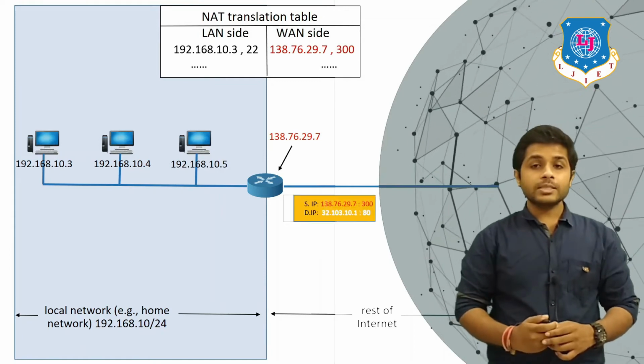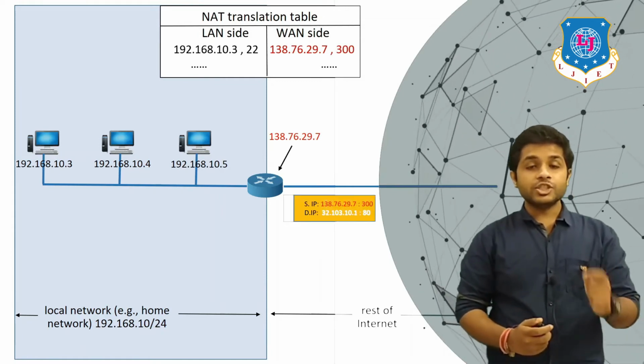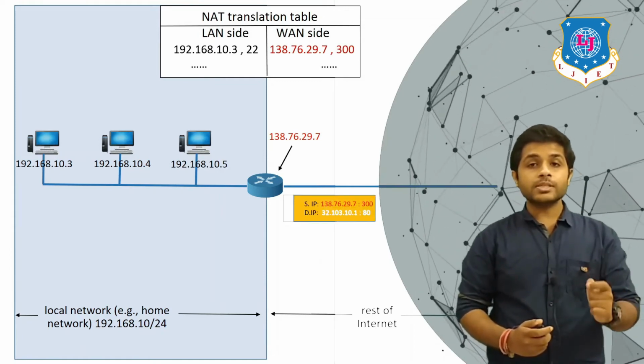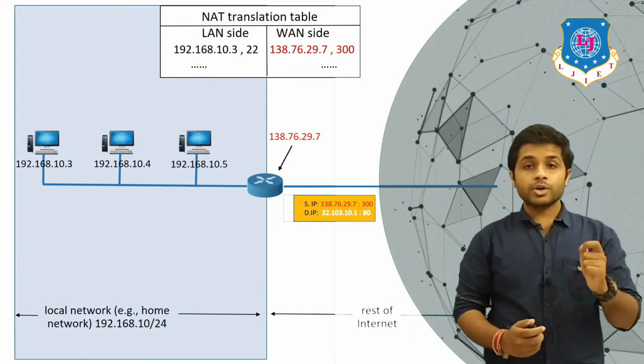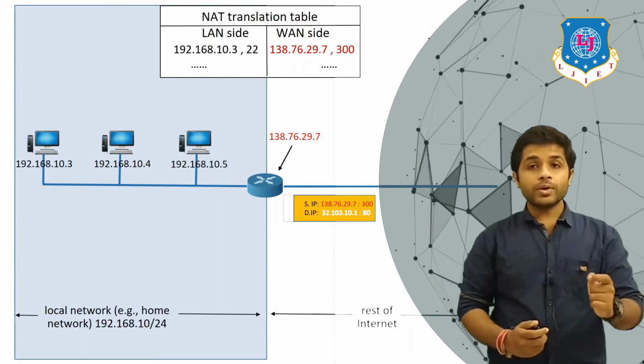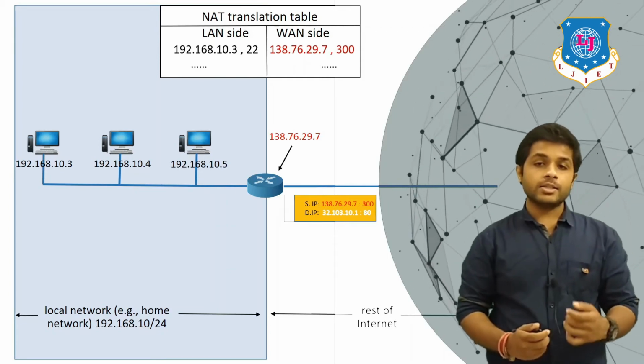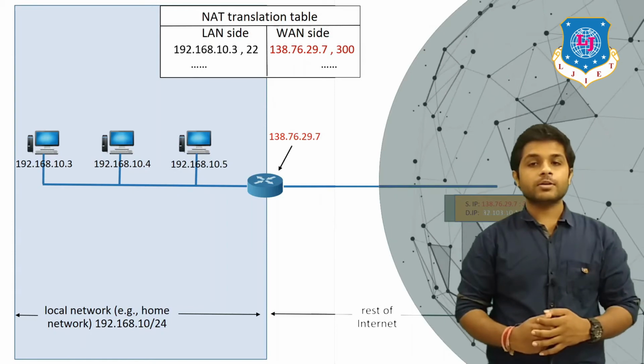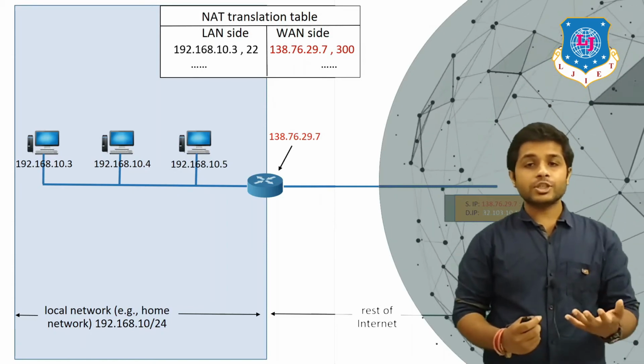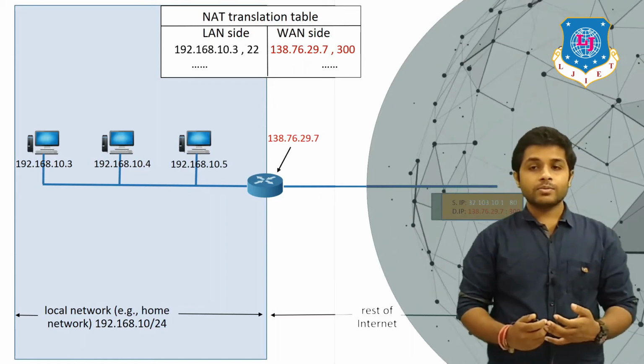You can see that the source IP is changed from 192.168.10.3, port 22, to 138.76.29.7, port 300, and this message will be sent to the destination. Now the destination will reply with a message.